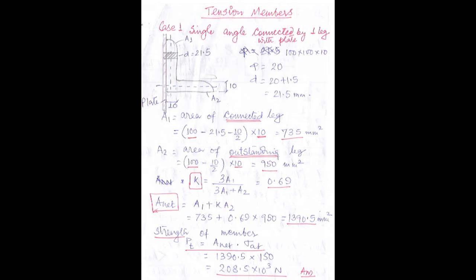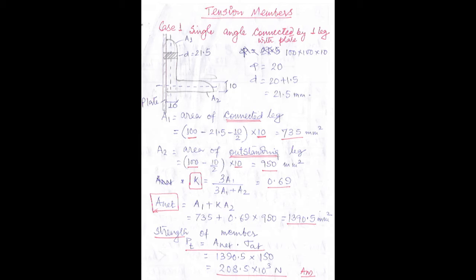But here as there is one riveting, from 100 we have to subtract the rivet diameter. What is the gross diameter? 21.5. So from 100 we are subtracting 21.5 because that part has been riveted, correct? Then again we have subtracted 10 by 2. What is 10 by 2? Understand over here, this is the specification for how we calculate the area of the connected leg.